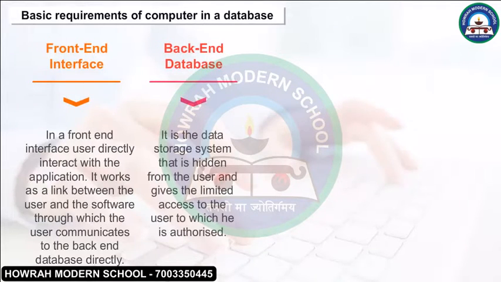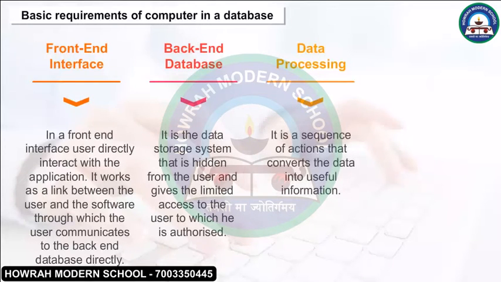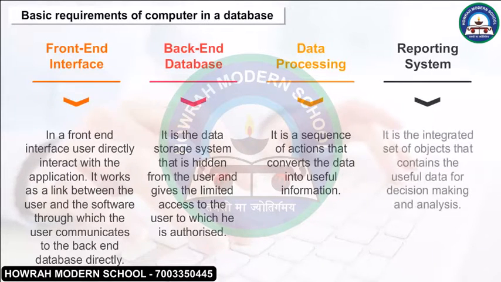It is the data storage system that is hidden from the user and gives limited access to the user to which he is authorized. Data processing. It is a sequence of actions that converts the data into useful information. Reporting system. It is the integrated set of objects that contains the useful data for decision-making and analysis.